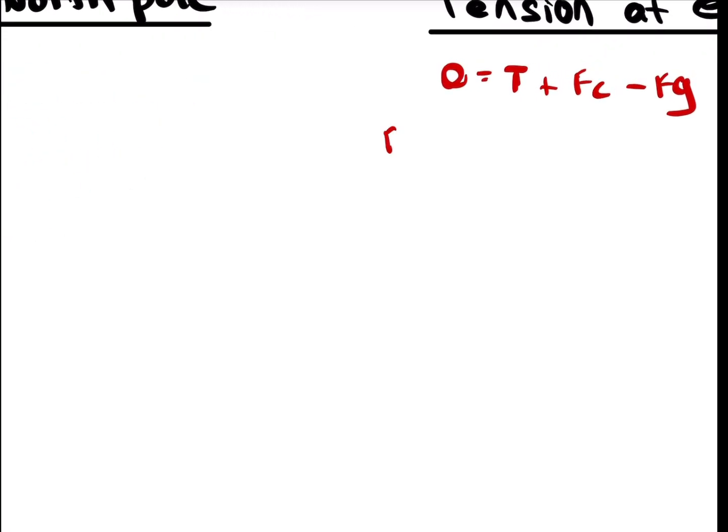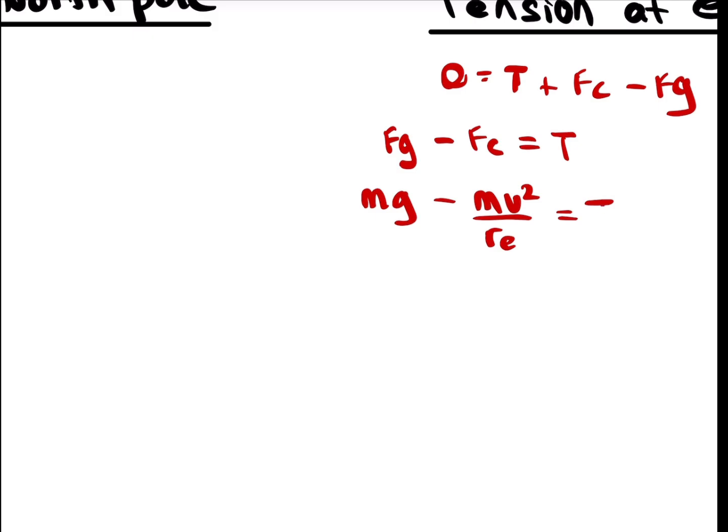And if we isolate for tension, because that's what we're solving for, it will be tension equals the force of gravity minus the centrifugal force. And what that will be is mg minus mv squared over the radius of the Earth. All of that is equal to tension.